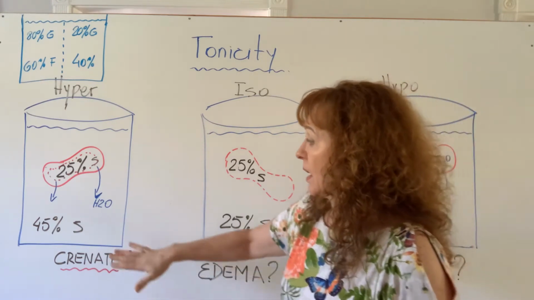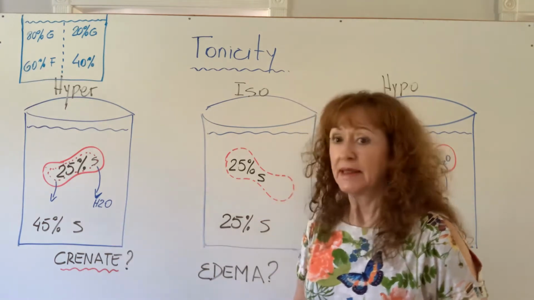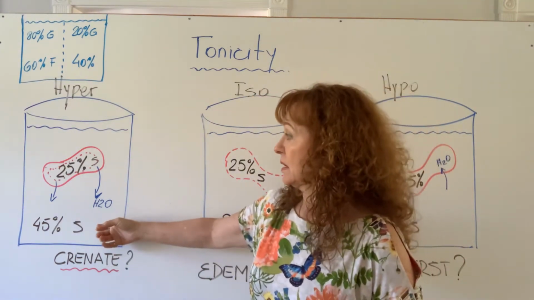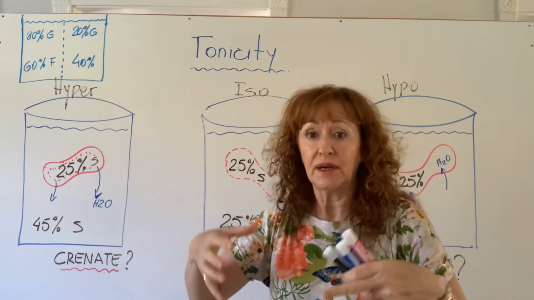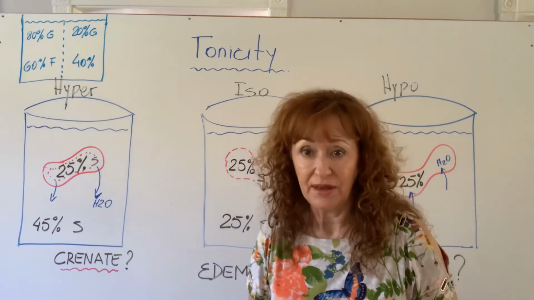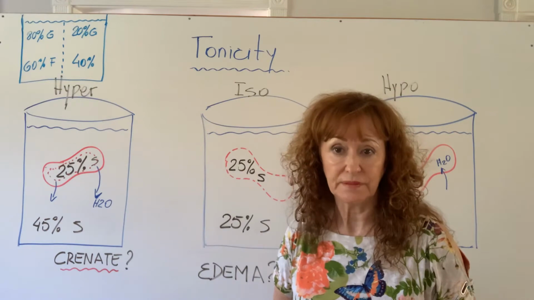Now, another important concept about this topic, the cell crenates. What happens in this cell? When the cell crenates, it is losing water. In real life, this could be the scenario for dehydration.